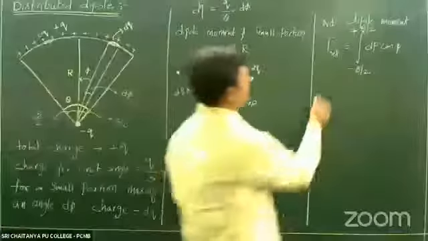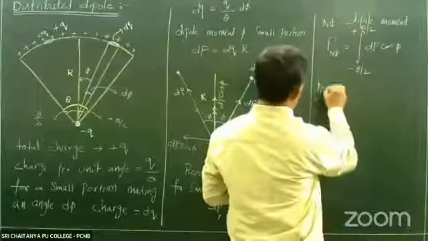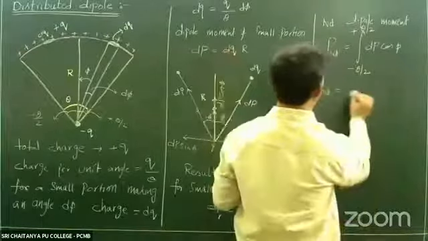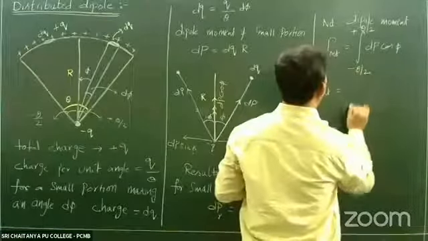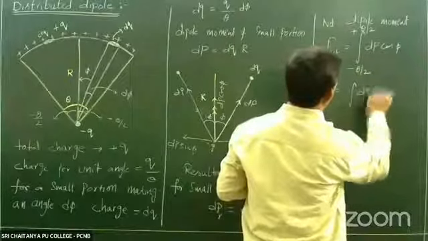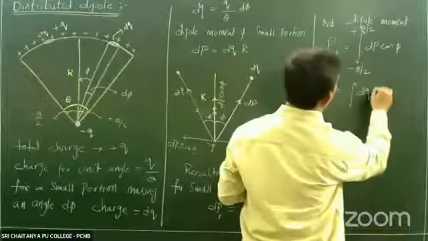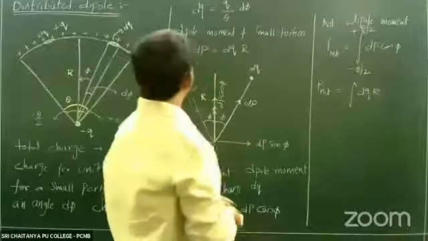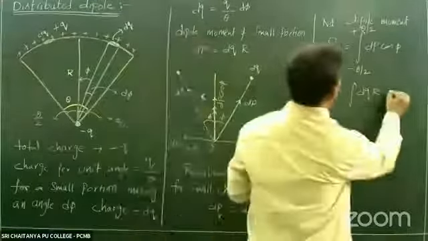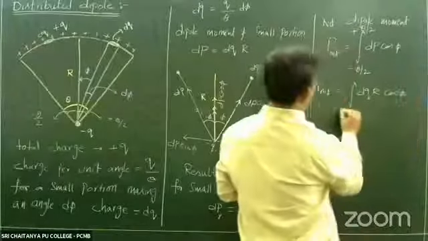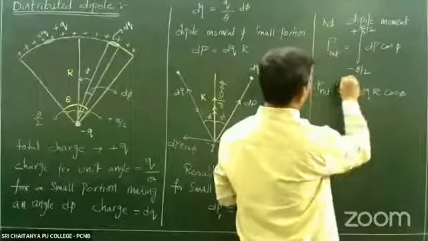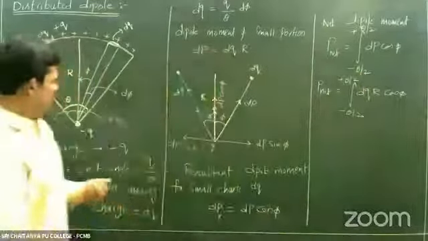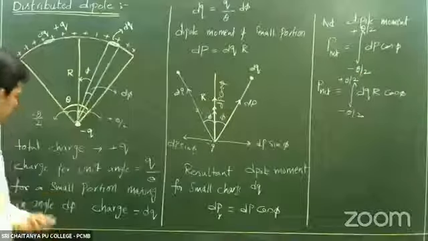Come on. dp is what? dq r. Integral r dq cos phi, minus theta by 2 to plus theta by 2, right? What is dq here?